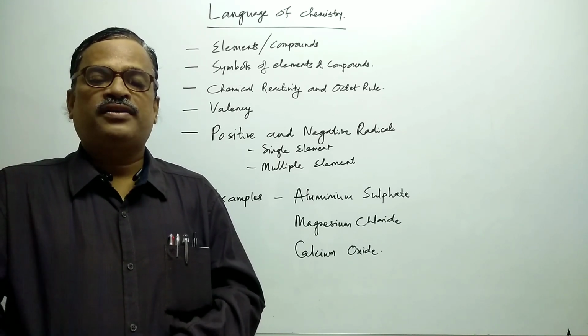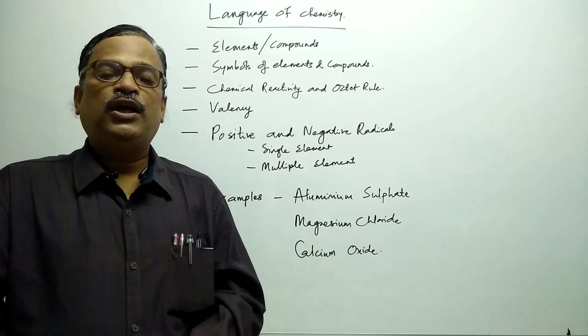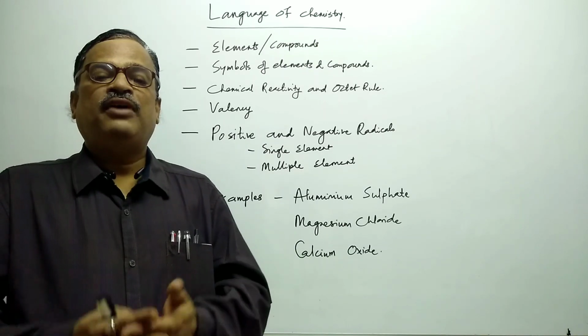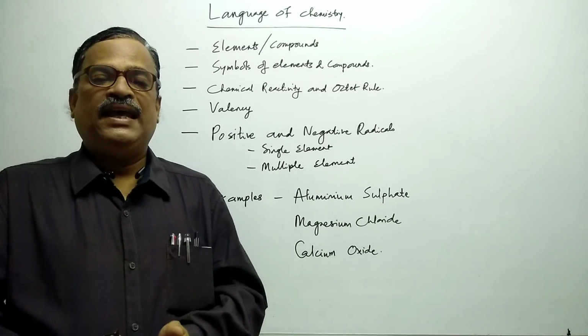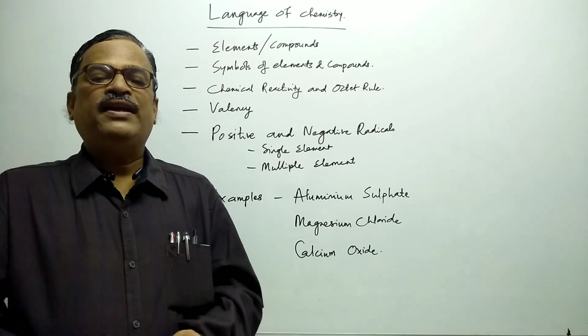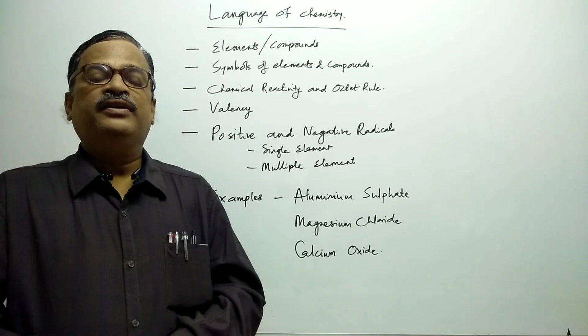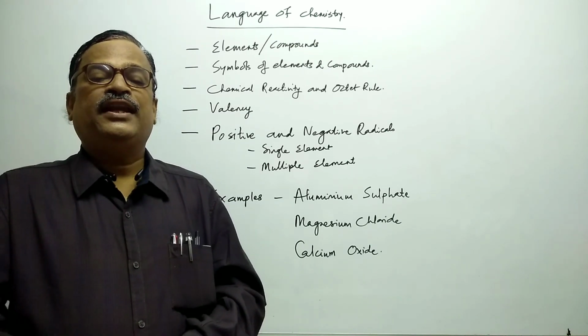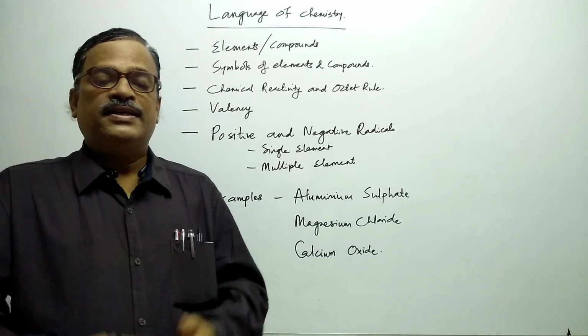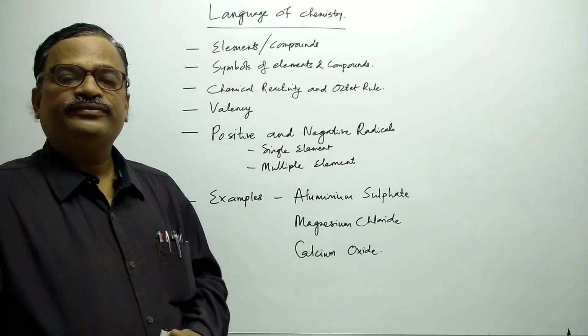The formula of sodium hydroxide is NaOH because one molecule has 1 atom of sodium, that is Na, 1 atom of oxygen, that is O, and 1 atom of hydrogen, that is H. So this is about the symbols of the elements and the compounds.